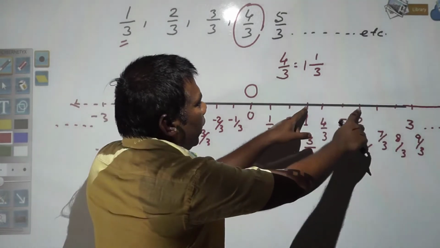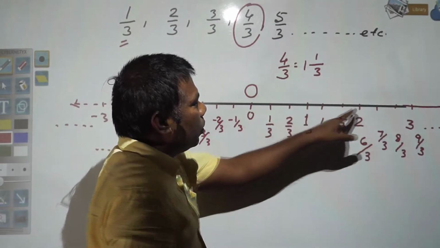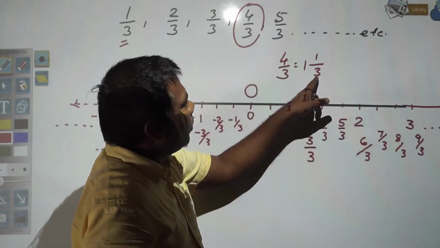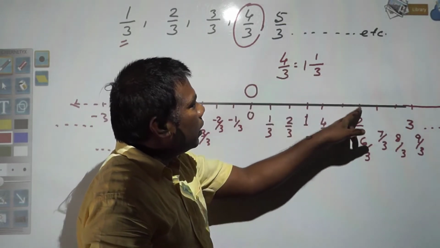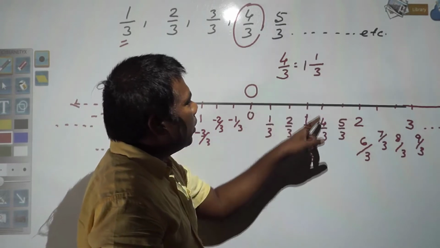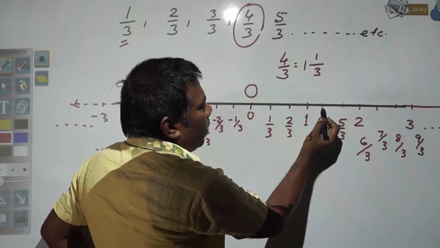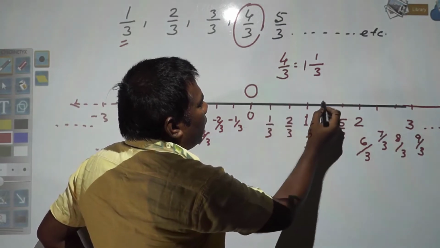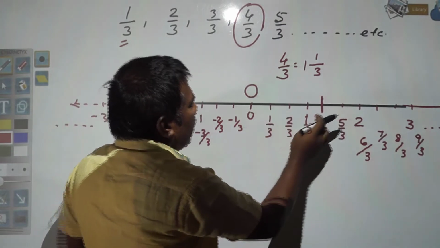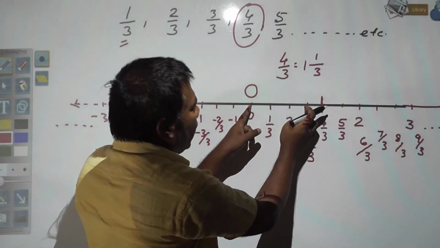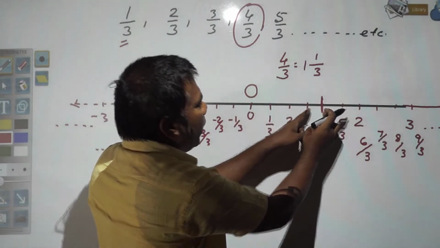So next unit between 1 and 2. Between 1 and 2, this portion is required to be divided into 3 equal parts, and this first part will be 1 by 3. So all together, if you are taking this length from O to here, this will be 1 whole and 1 by 3.